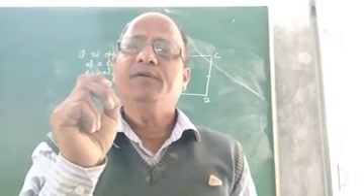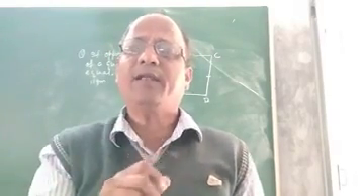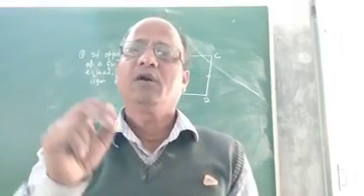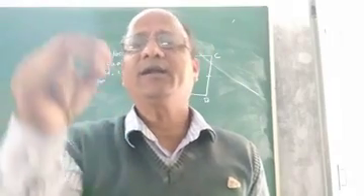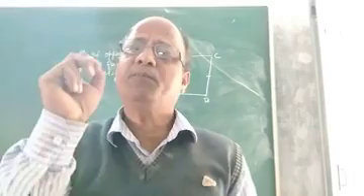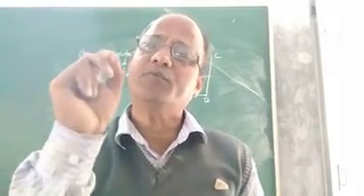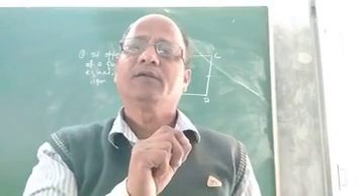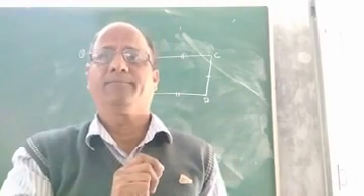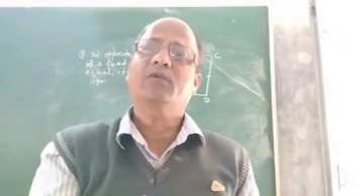In order to prove that a quadrilateral is a parallelogram, there are different conditions. One of the conditions is, suppose we are given a quadrilateral and it is given that both pairs of opposite sides are equal, then it will be a parallelogram.